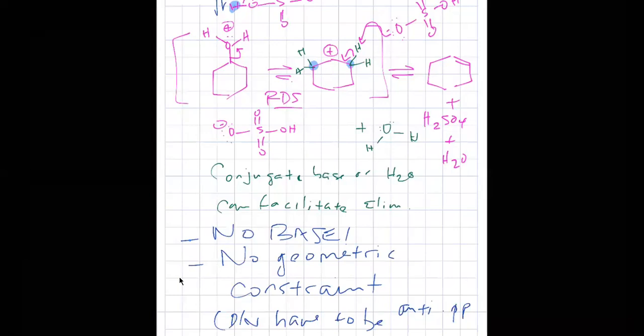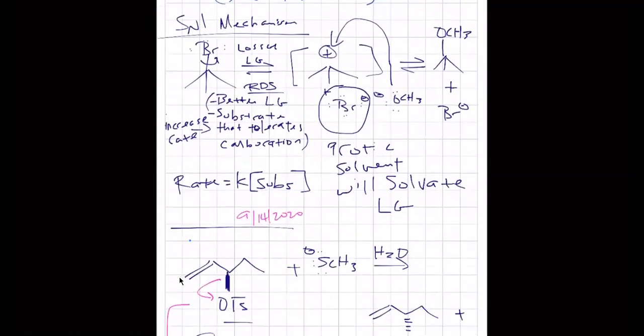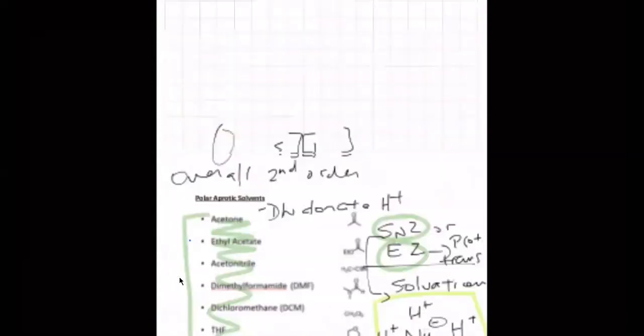And for the E1, you may see a little bit of substitution. But the question is pretty well defined when we're doing E1, so we'll know what we're doing. Let's go down here to an example.